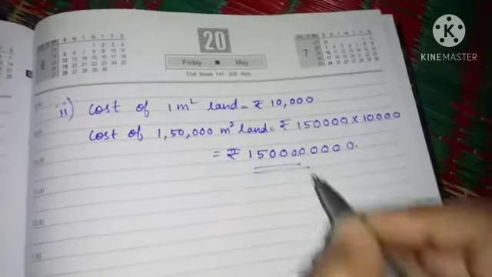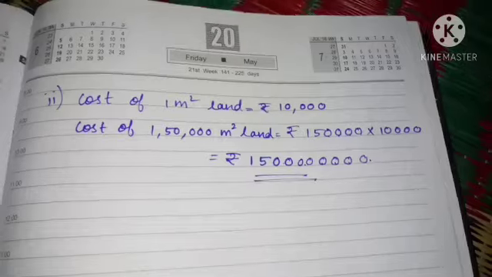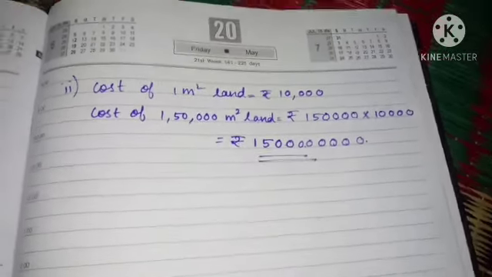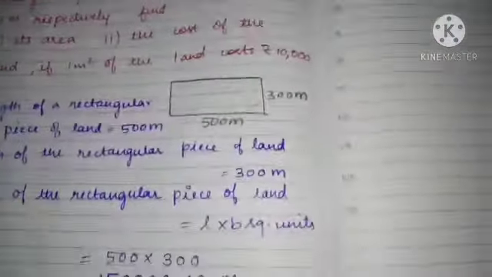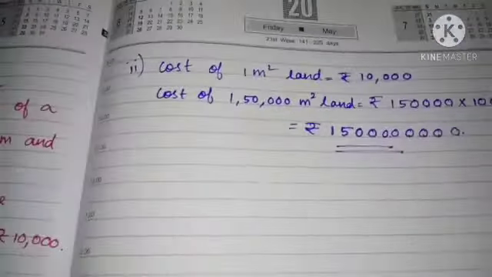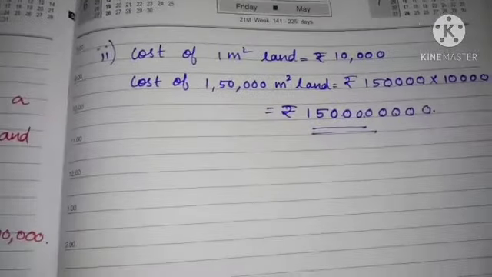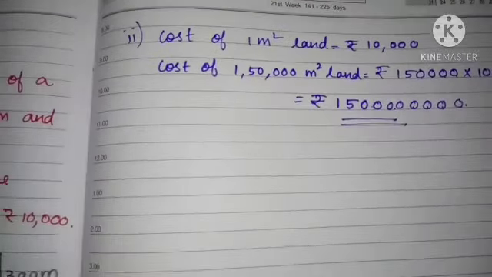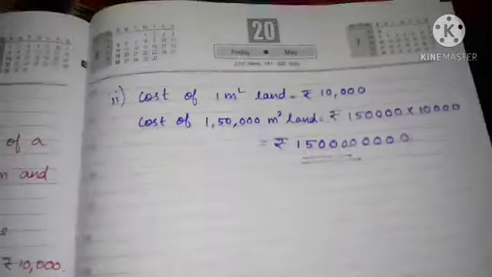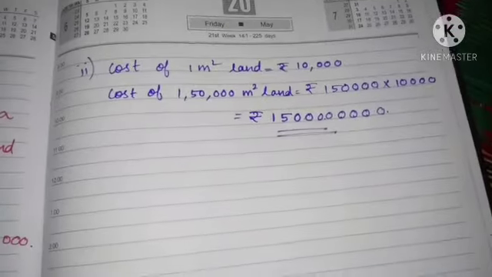So this is the cost of that land. Understood? We just found the area, then we found the cost using the cost of 1 meter square. So for 150,000 meter square, that is the answer we have found. This is the cost of that particular land.